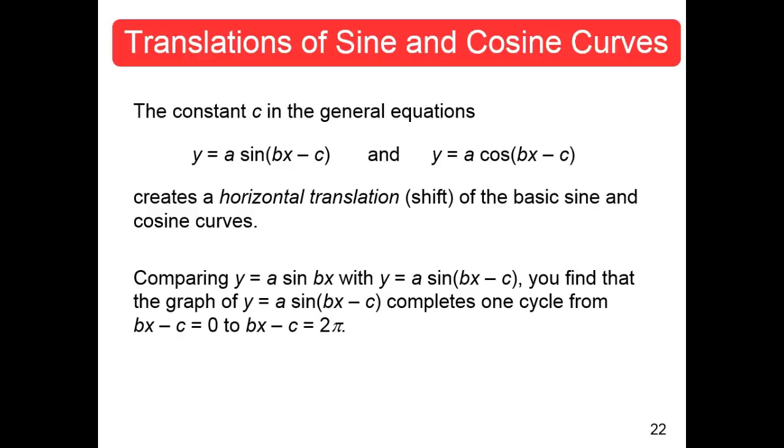And what is it that repeats itself horizontally? The period. B relates to the period. How does B relate to the period? What is the period? If you know B, do you know the period? What's the normal period for a sine function or a cosine function? 2 pi. So guess what? The 2 pi is involved with it. What's the period of one that has a b in front of it?